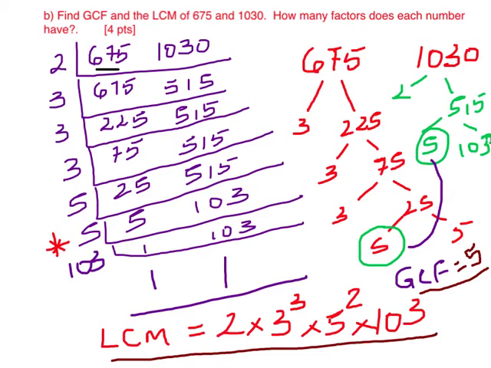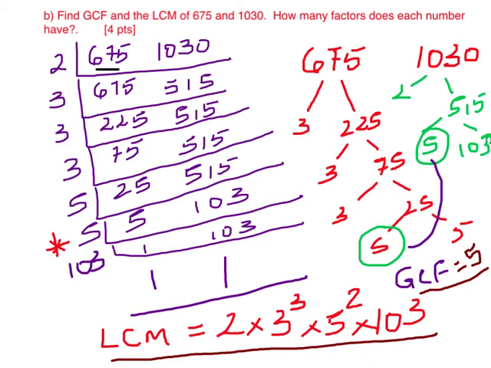And with 1030, I have 2 times 515, and then 5 times 103. So my factors are 2, 5, and 103. The factors for 675 are 3 to the power of 3 and 5 squared. And so what is the common factor between these two? The greatest common factor, you find, is 5.